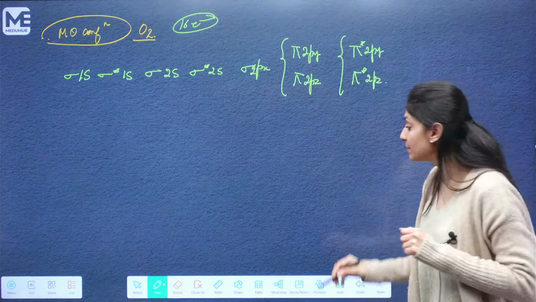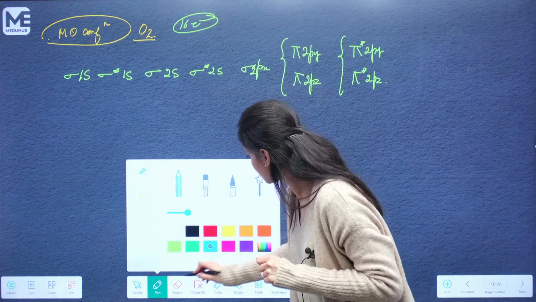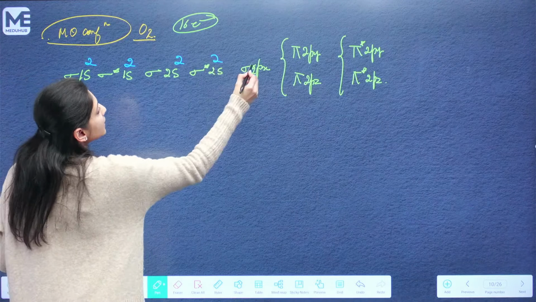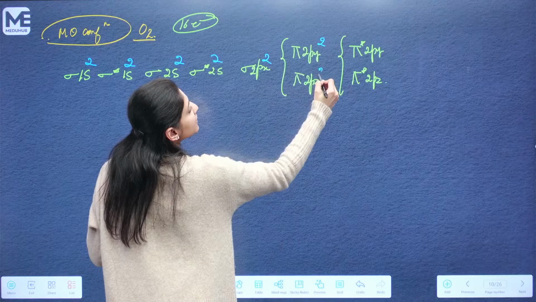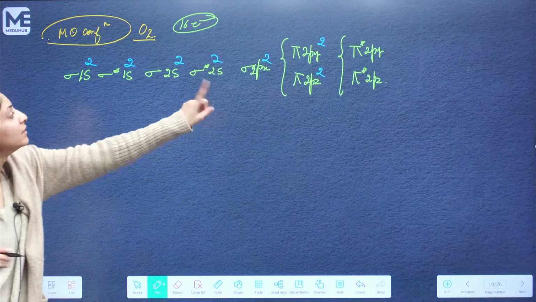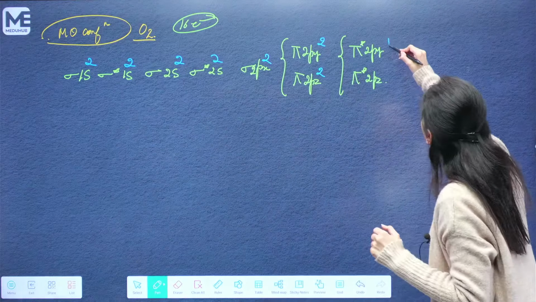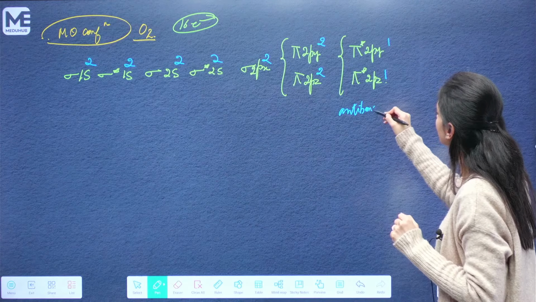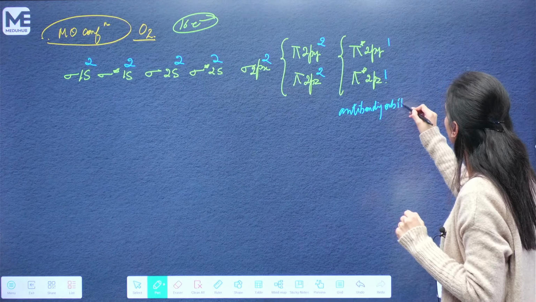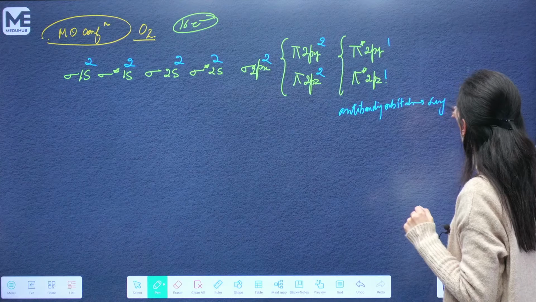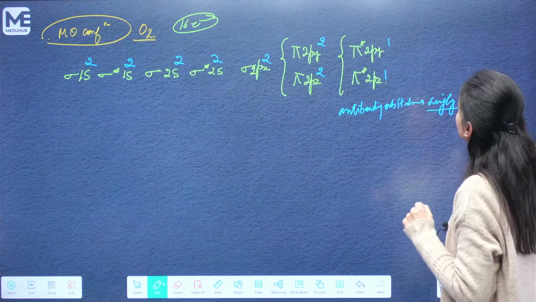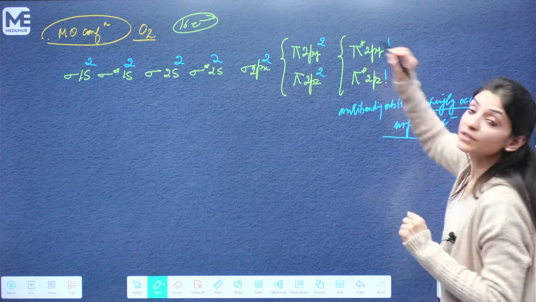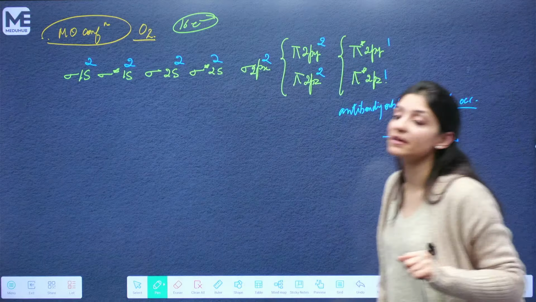Now if you start filling up the electrons, 1, 2, 3, 4, 5, 6, 7, 8, 9, 10, 11, 12, 13, 14. 14 electrons are filled up till here. Remaining 2 electrons come here. So the anti-bonding orbitals are singly occupied. That means they are unpaired electrons. And it is for this reason that O2 is paramagnetic.